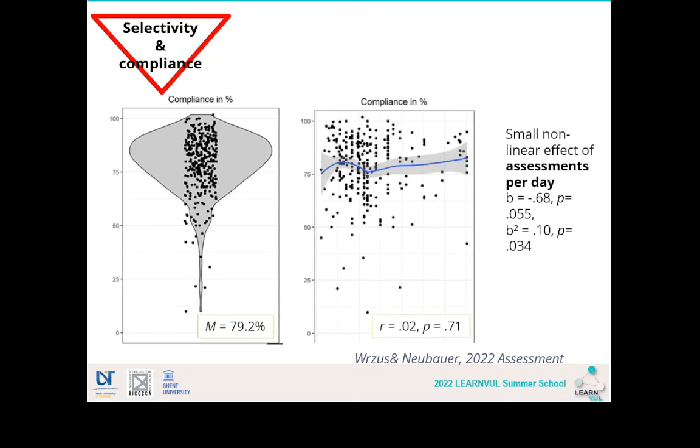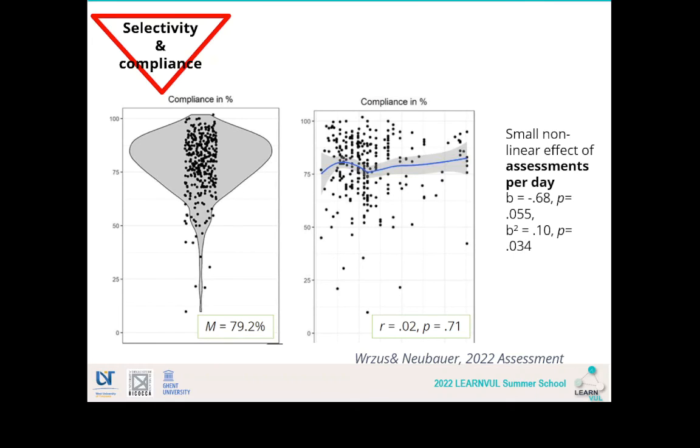For money it works sometimes and sometimes not; depending on the financial crisis, it might work better for some populations. And you have this shape, then the compliance, so a small non-linear effect of the number of assessments per day.